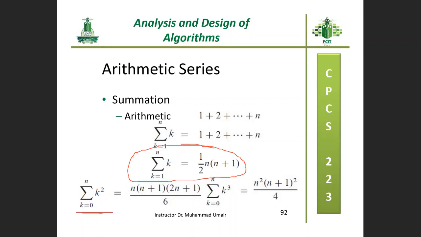Similarly, for a series like k square, it will be equal to this one. This formula will rarely be used, but the previous formula is very important, so learn it. And please see what the effect on the formula will be if we change the limits.